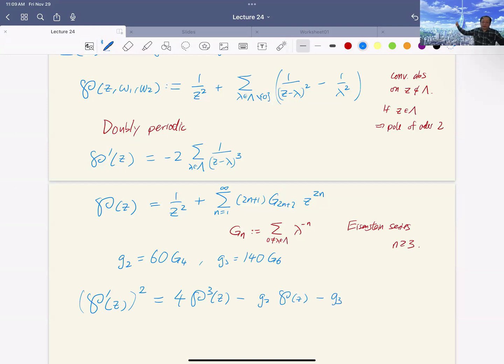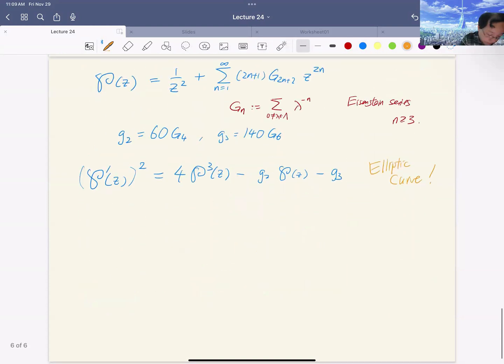So it satisfies an elliptic curve. This is an elliptic curve. So as promised, p and p prime are exactly the x and y of an elliptic curve. And this is an isomorphism.